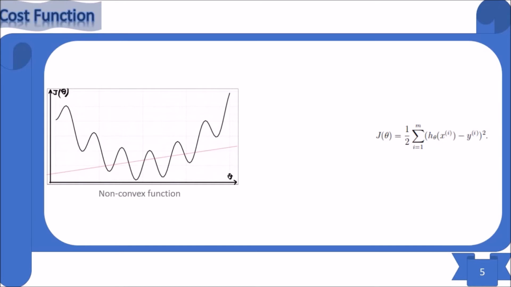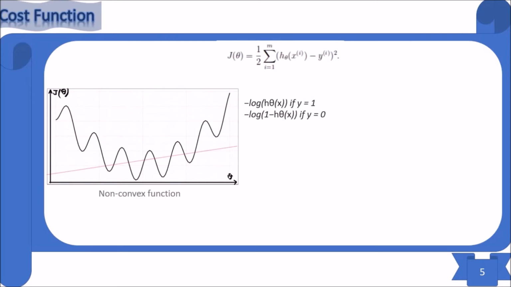If we try to use the cost function of linear regression in logistic regression, it would be of no use, because it would end up being a non-convex function with many local minimums, making it very difficult to minimize the cost value and find the global minimum. Here you can see the graph of a non-convex function.